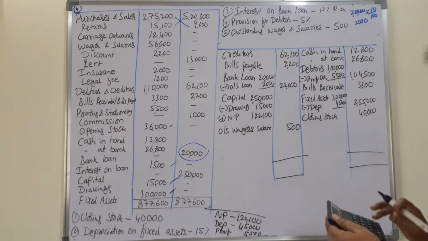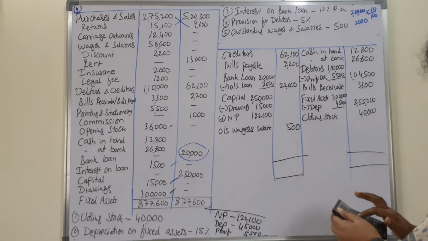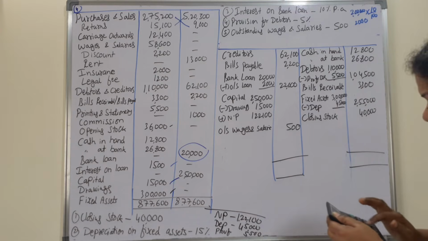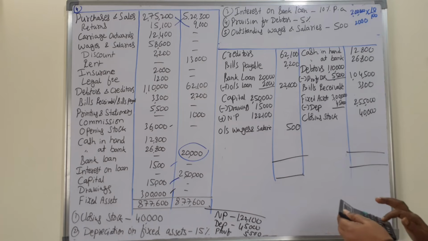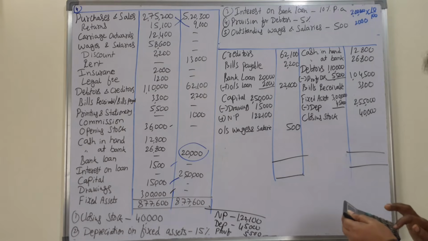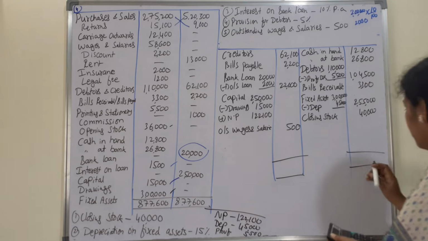We'll add everything. Add 12,800 plus 26,800 plus 3,300 plus 2,55,000 plus 40,000 comes to 4,42,400.